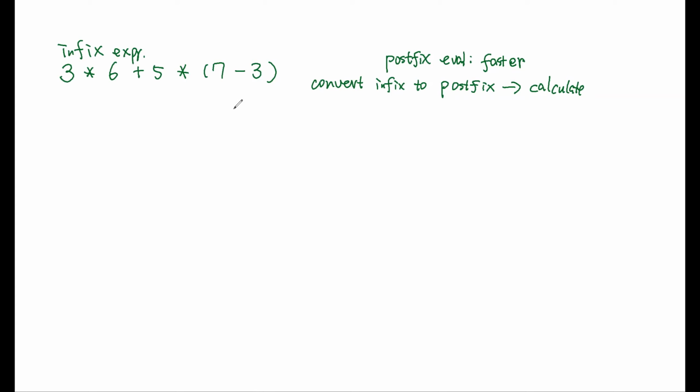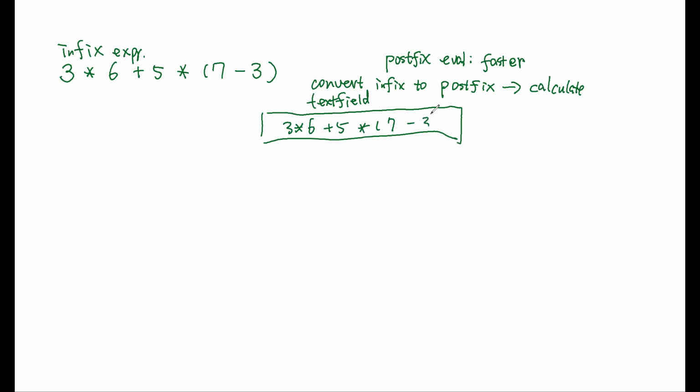Generally speaking, later on we are going to also cover that. You remember last class, we also explained, suppose you create an application with a text field. Whatever you have in this text field is a string.